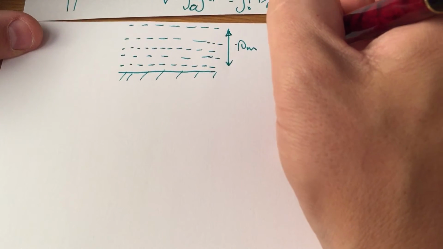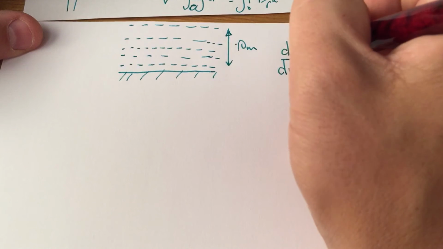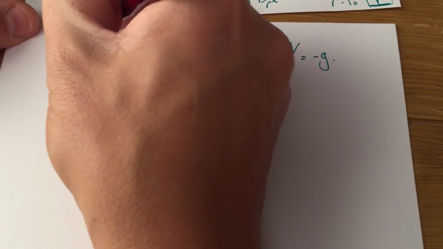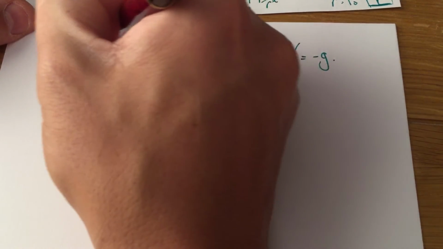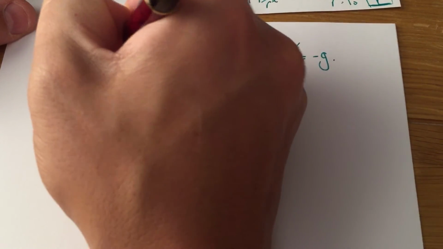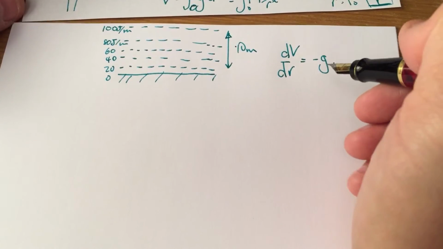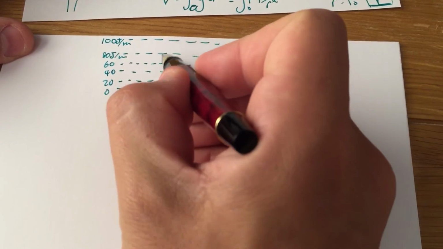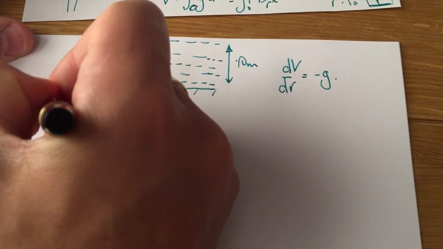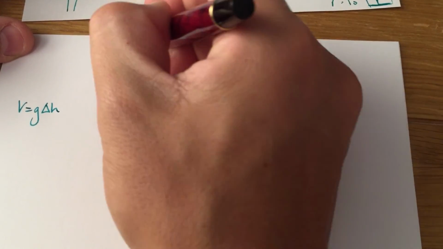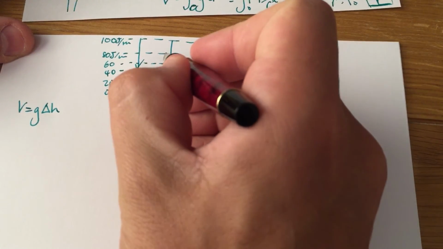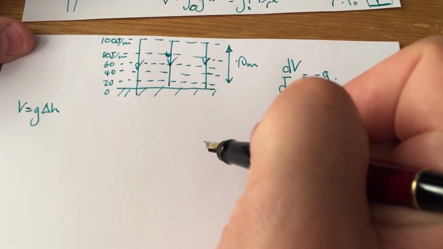Bearing in mind dV by dr is minus G, we would have got, let's say, 100 joules per kilogram, 80, 60, 40, 20, 0. Nice uniform field. Equidistant because we know the potential is g delta h. It's linear, so this looks linear. My field lines do this at right angles, showing that they're acting towards the centre of the Earth.